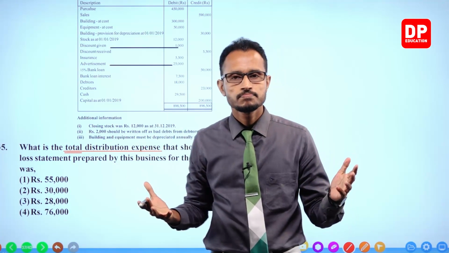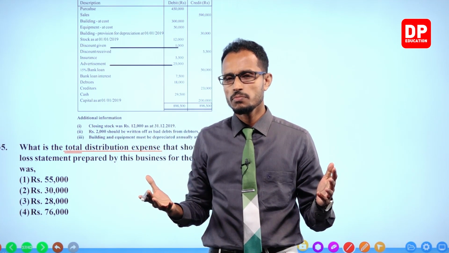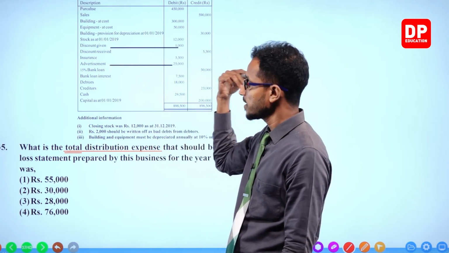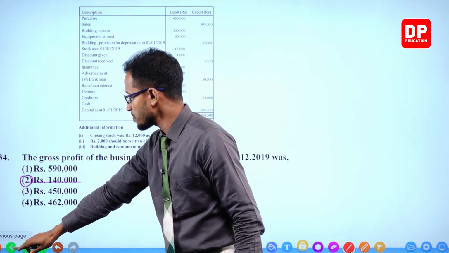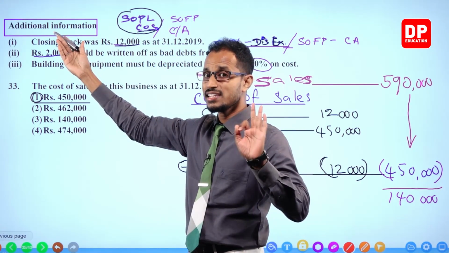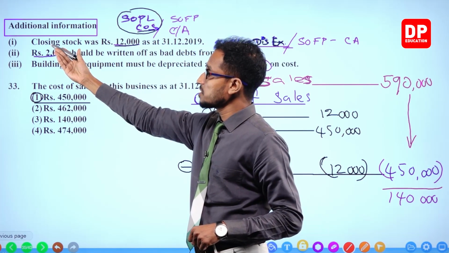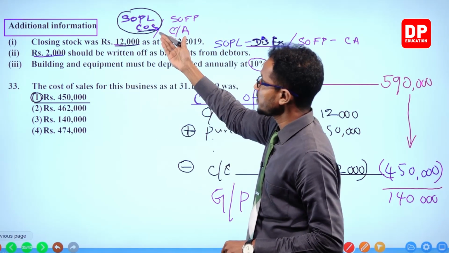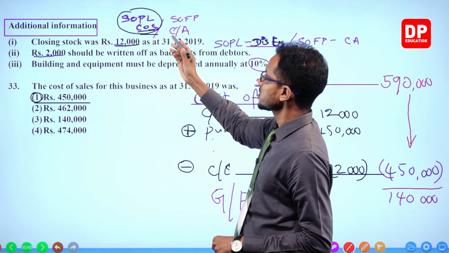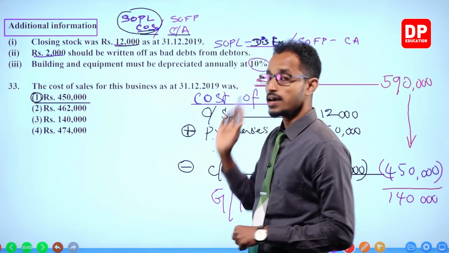I remember we marked these items in the first slide, the original slide. Let's go and see. First, you must look at the additional information. See, we took the additional information, first one, and we have marked it goes to SOPL, cost of sales, and SOFP, current assets.